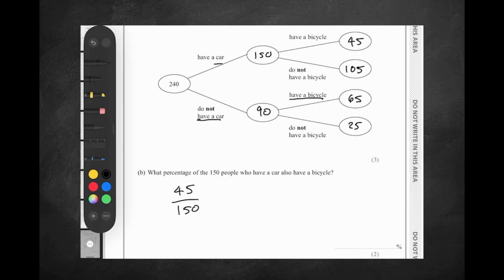Have a car, also have a bicycle. So that is just going to be, if we divide both top and bottom by 5, 9 over 30. We didn't need to do that really, but if we put in our calculator 9 over 30, that is the same as 0.3, which is the same as 30%.